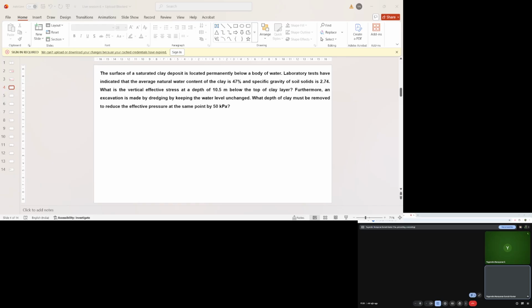Now, this is the effective stress at this point. Now, what you're saying is some amount of clay has to be removed. So this is layer one. Now, this is going to be a new layer.